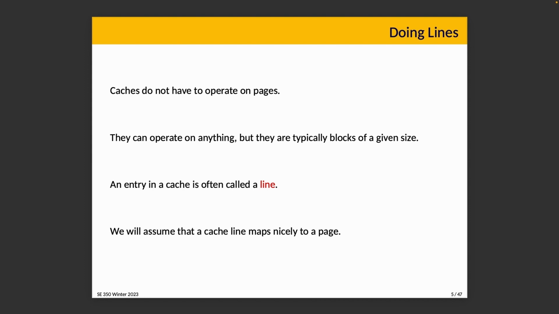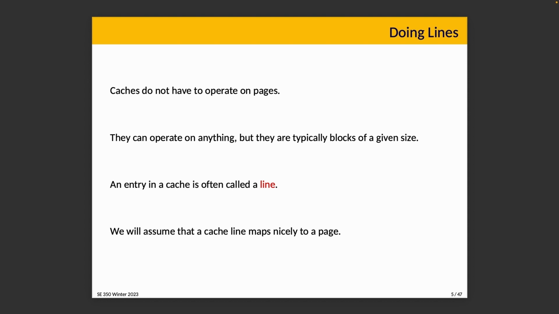We're going to assume, to make the balance of the discussion a little easier, that a cache line maps very nicely to a page, and a page is whatever your operating system is implementing for its convenience. As we've discussed, cache pages are probably dominated by disk reads, and we've used the 4 kilobytes example.